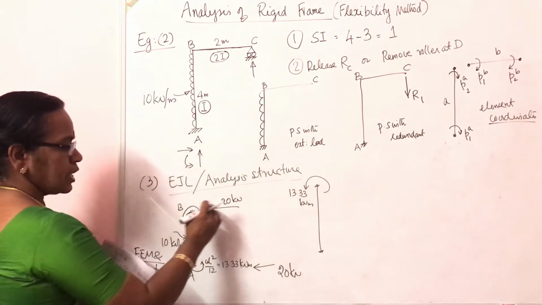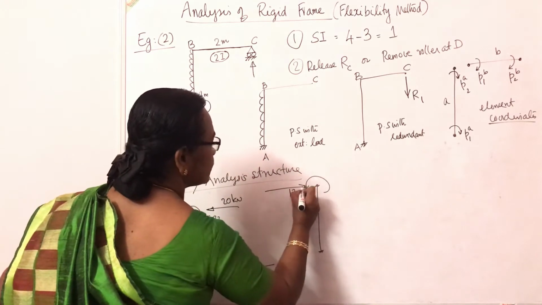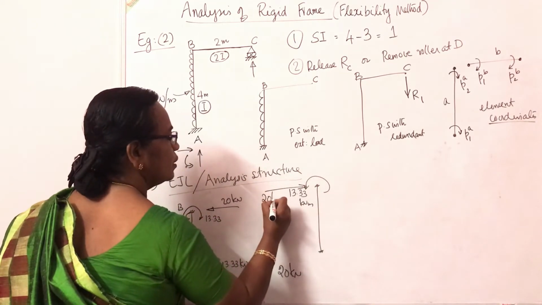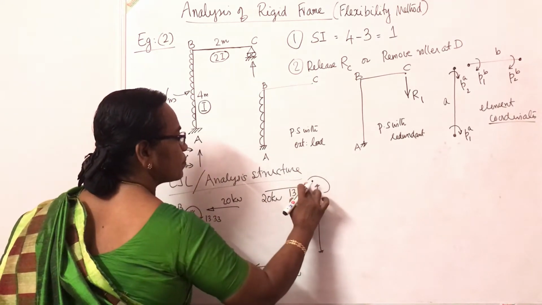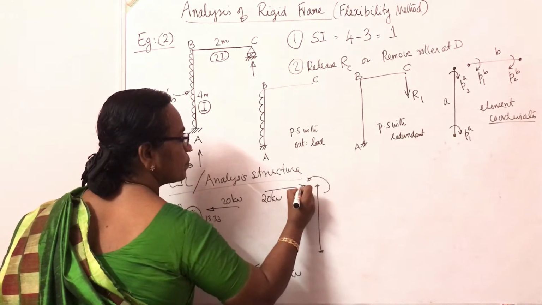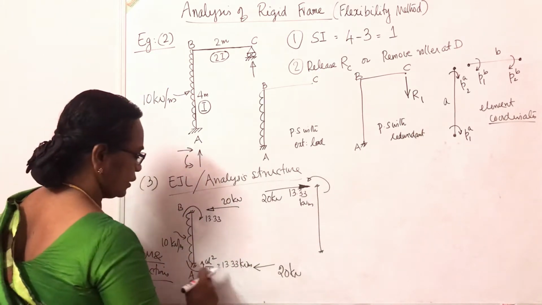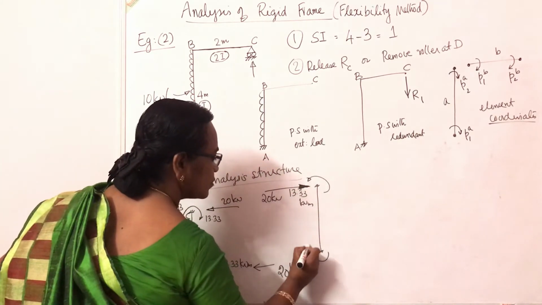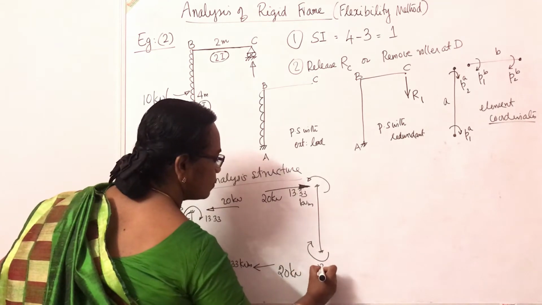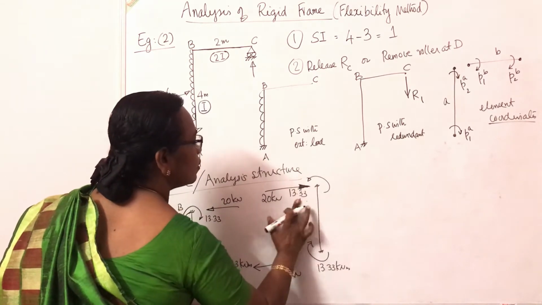The load acting towards left, 20 reaction has to be marked like this. This is 20 kilonewton. In the support, anti-clockwise, so we mark it as clockwise 13.33 kilonewton meter. I will mark it here.